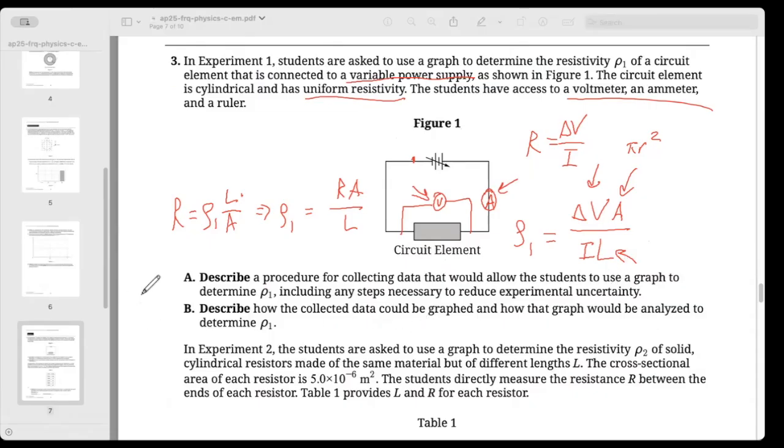That's also pretty easy. All you have to do is create a graph of voltage and current, and then you'll get a straight line, and the slope of that line, according to our equation, will give you resistivity length over area, which implies that resistivity is going to equal slope times pi radius squared or area divided by length. There you go. Super easy.